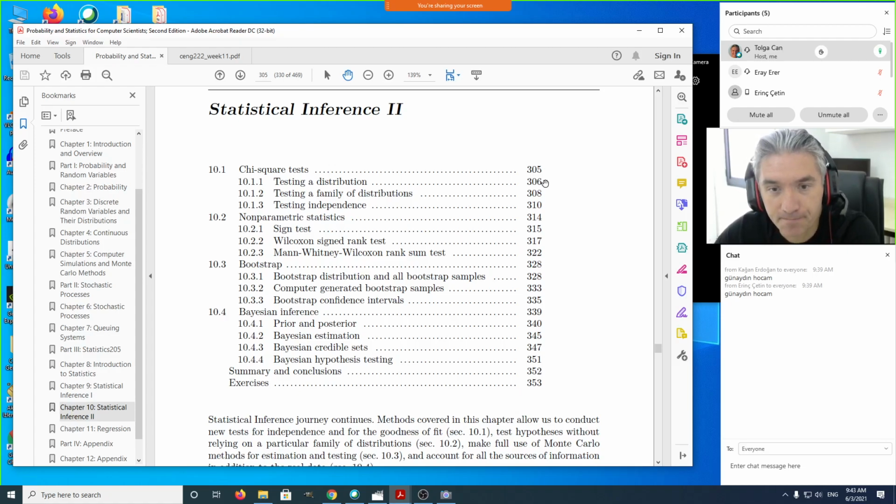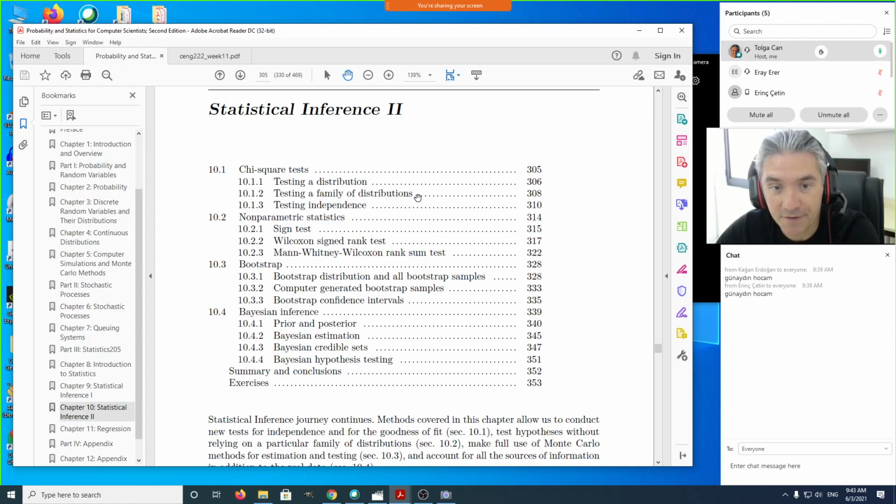like if we're testing against Poisson, this means that we're testing a Poisson with specific lambda. The second part, testing a family of distributions, is just saying that if we don't know the distribution parameters, but we want to just know whether this sample is coming from Poisson or not, in that case, we also estimate the Poisson parameter, lambda.